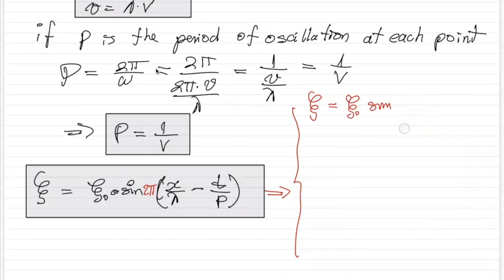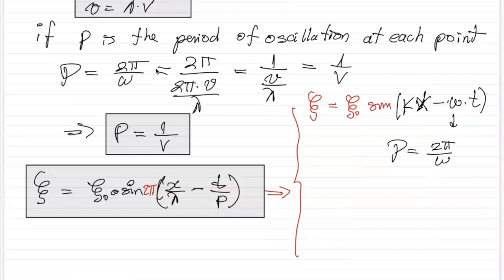If you put k times x minus omega t, this period can be written as 2 pi over omega.